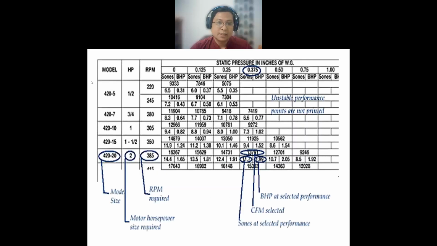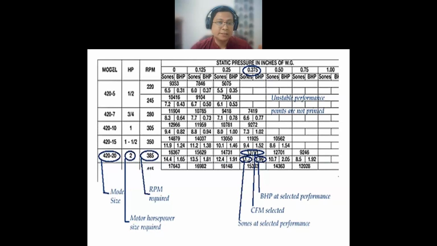Okay, now they have a table. After they make the curve, they tabulate these numeric numbers to make it easy for us to select the fan for our designs.